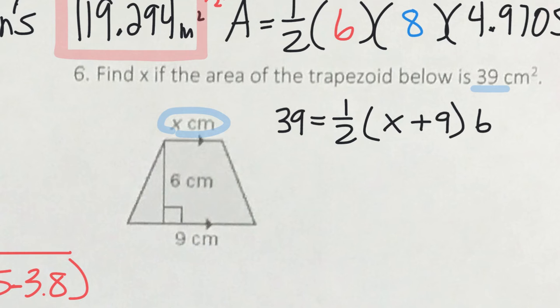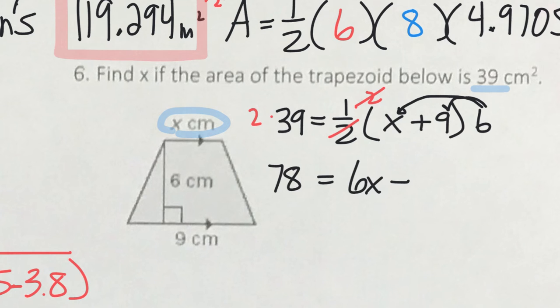We're going to multiply by 2 to get rid of the 1/2. That's standard operating procedure. 39 times 2 is 78. On the right side, we distribute our 6 into both terms because there's a plus. So 6x plus 54.